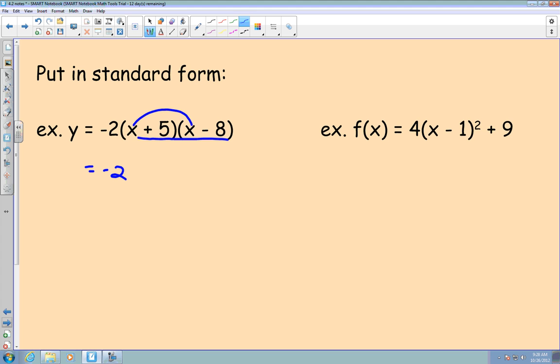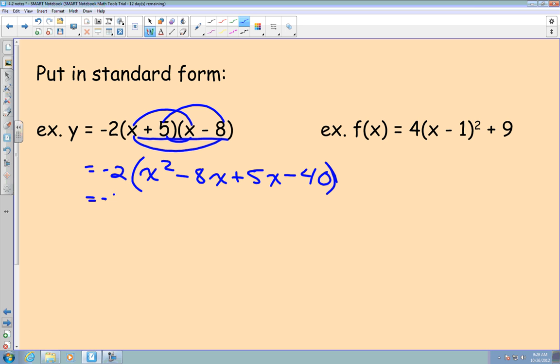x times x is x squared. x times negative 8 is negative 8x. 5 times x is 5x. 5 times negative 8 is negative 40. Okay, so you do that first. Go ahead and simplify it before you distribute. Just makes life a little easier.